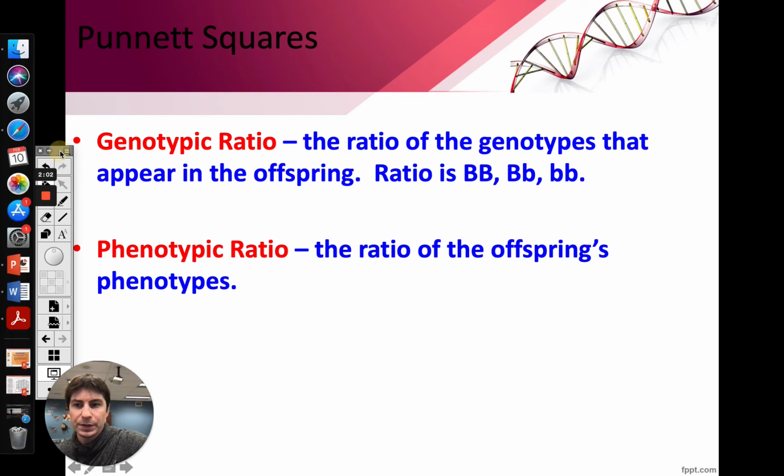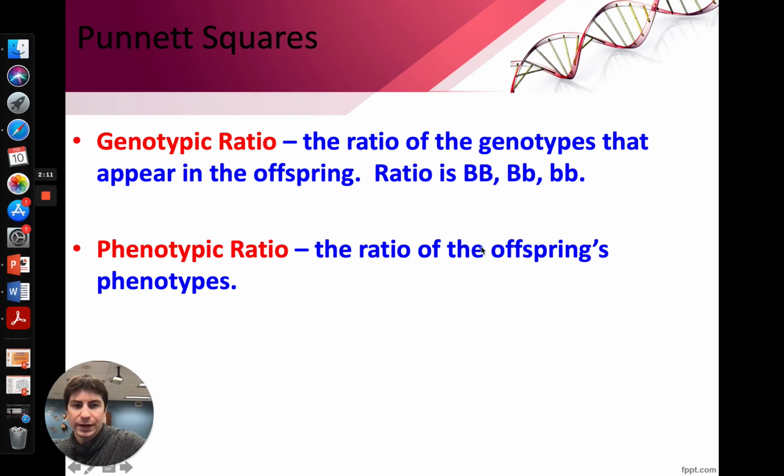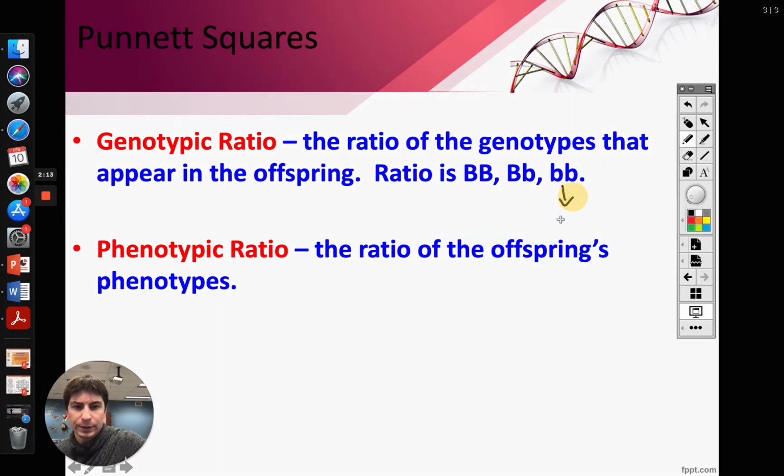If it was big B, little b, we would have purple flowers as well. But if it was little b, little b, we would have that recessive trait, which would be our only one that is white. And both of the others would be purple. These here are our phenotypes.